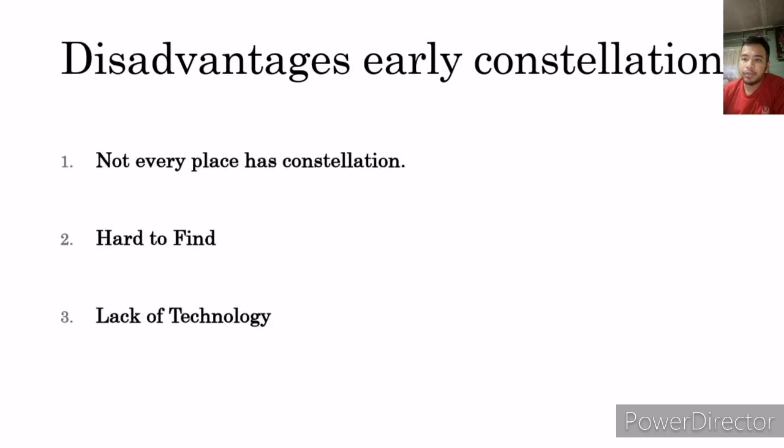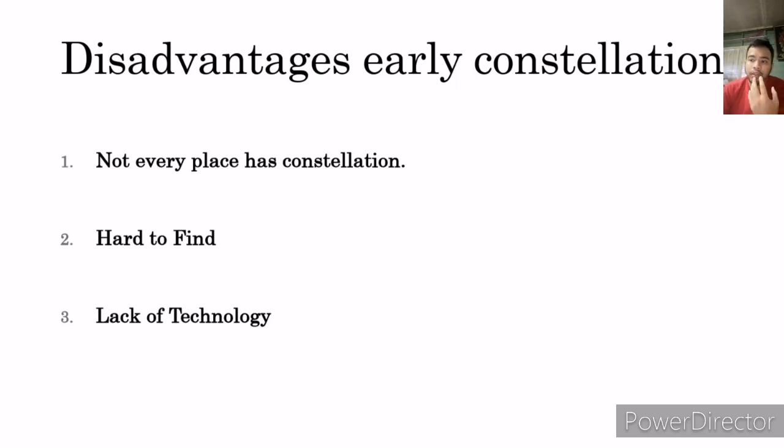Next, we have the disadvantages of constellations. We also have three: not every place has constellations, they are hard to find, and lack of technology. As we can see, in our country the visible constellations are only 17, while in another country, Taiwan, the visible constellations are about 76.